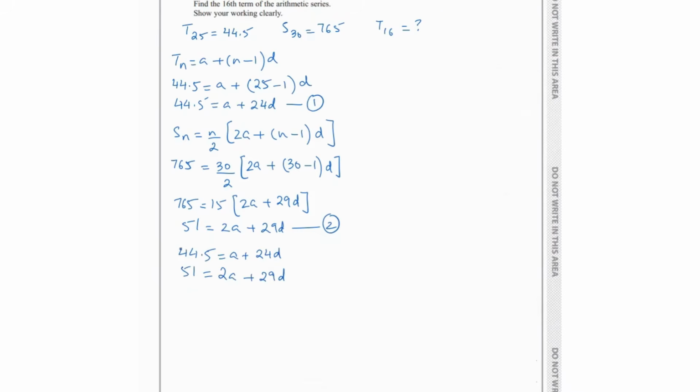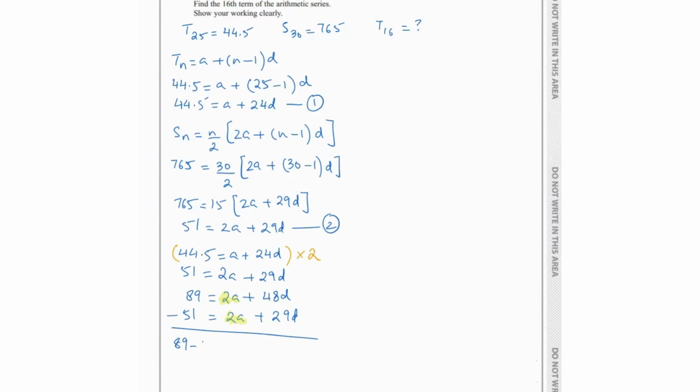I can multiply the first equation by 2 to make a the same in both the equations, then we can just eliminate a using elimination method. 44.5 times 2 is 89. That's 2a. That's 48d. Now we subtract both the equations because the variable that we're trying to eliminate is positive in both equations. So when we minus the equations, 2a gets eliminated.